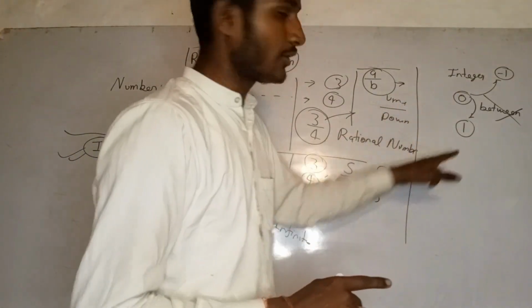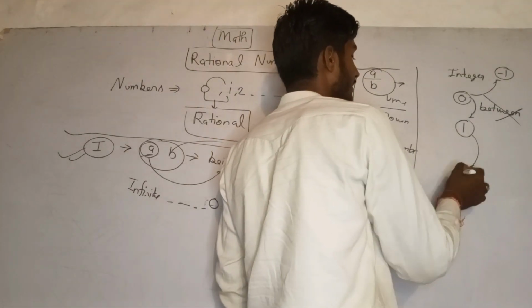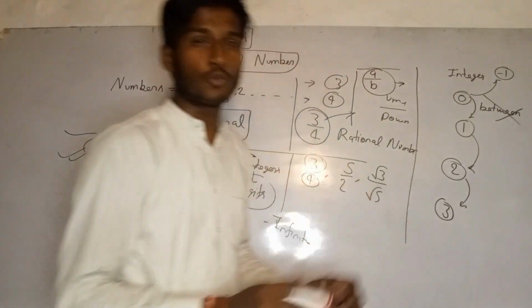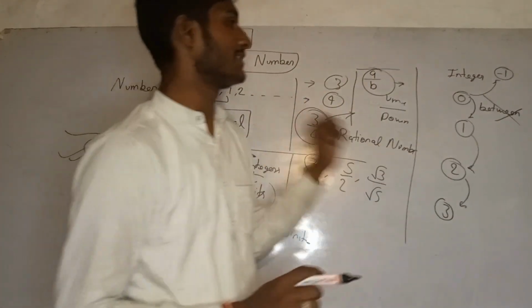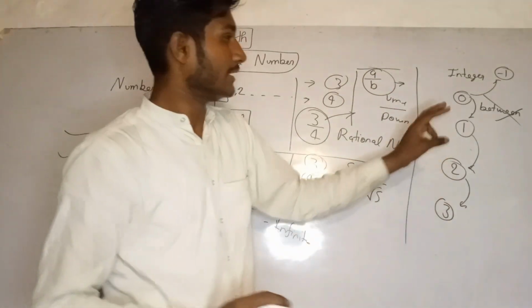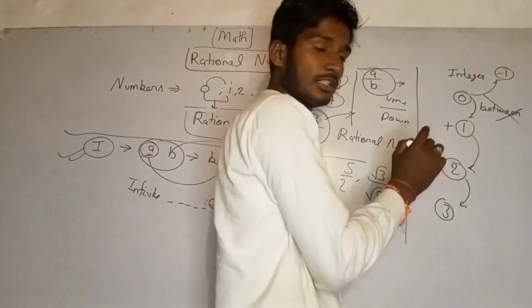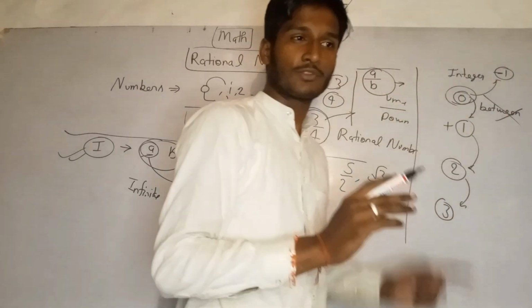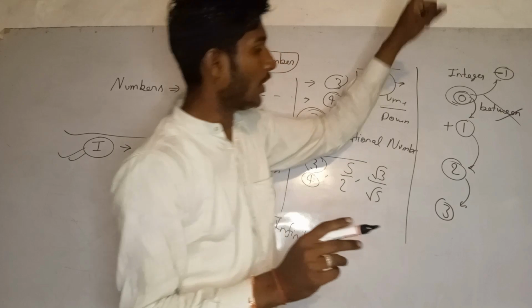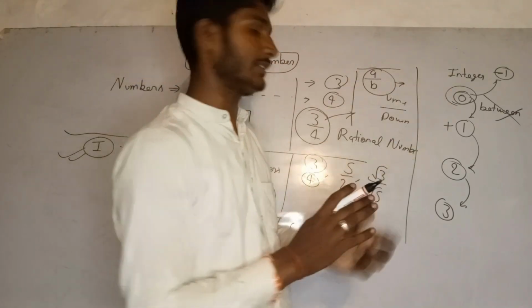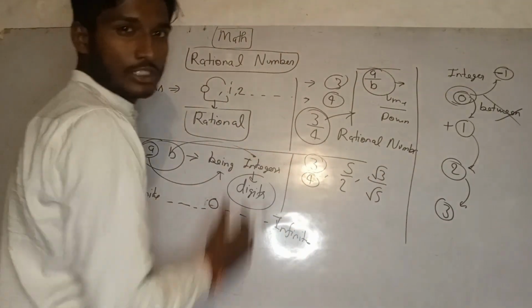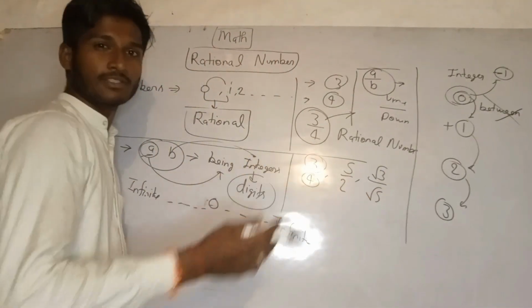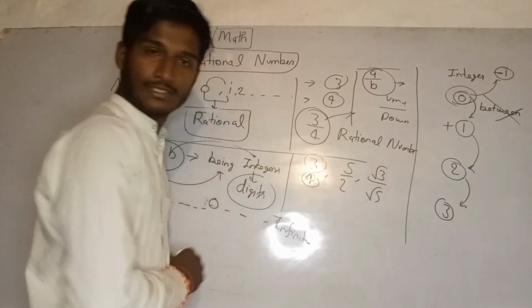0 is an integer, 1 is an integer, after 1 the next integer is 2, after 2 the next integer is 3. So you can understand what an integer is. Integer means digits, plus or minus, or 0. So 0, minus digits and plus digits are called integers. Back to the topic: 3 is an integer, 4 is an integer.